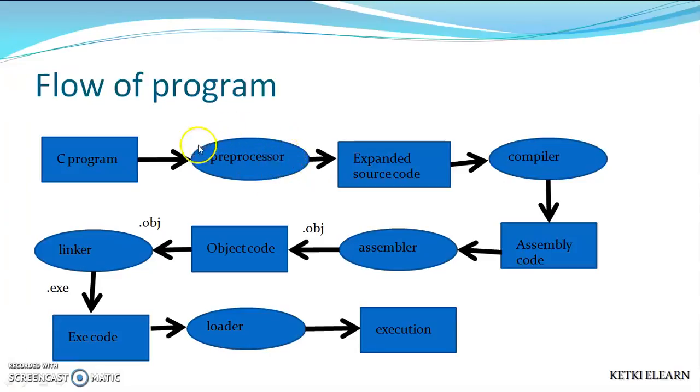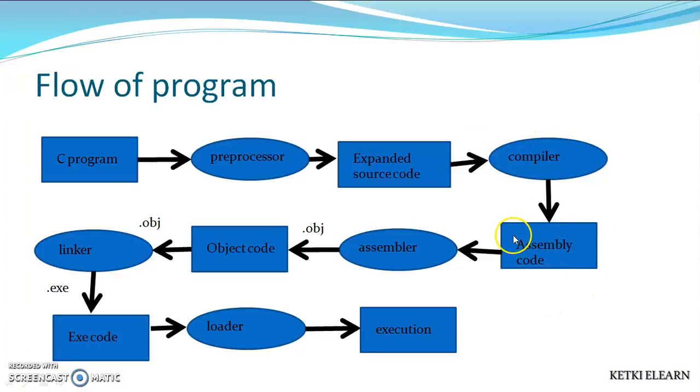We'll see the function of the preprocessor in the next slide. For now just remember the C program is given to the preprocessor. The preprocessor generates an expanded source code and this is given to the compiler. The compiler takes the expanded source code and generates an assembly code.